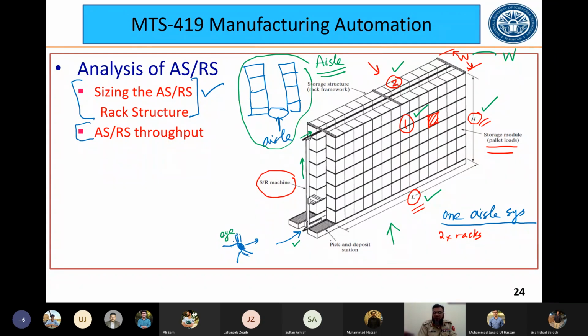It has two racks. And I have defined these three things: L, H, and W.